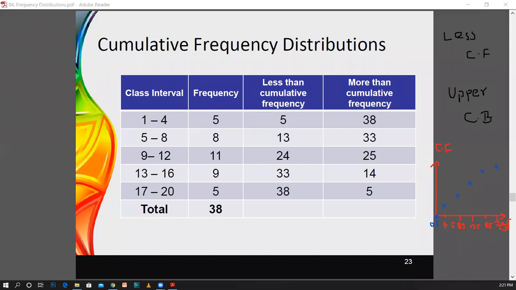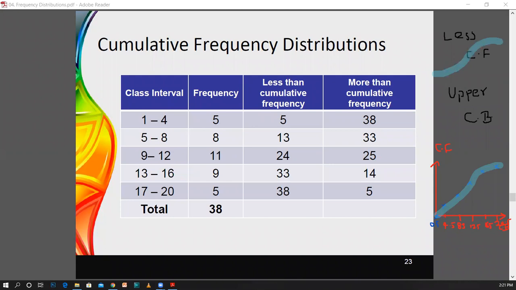Therefore, now you can use freehand sketching to draw this. Once you draw it, you will get a graph in this way. It is a freehand drawing. It should go through these points. Normally, the shape of the cumulative frequency polygon is quite like this.